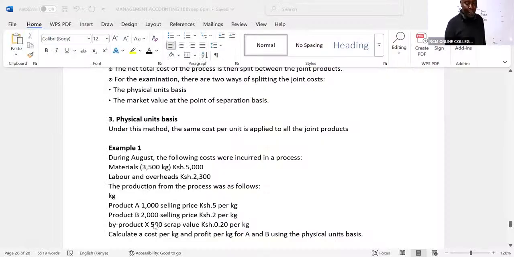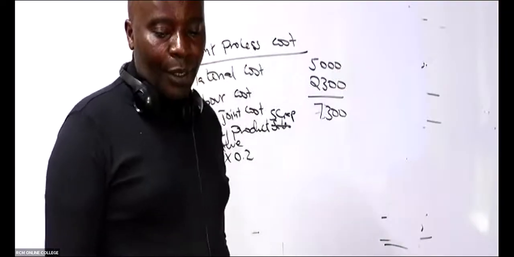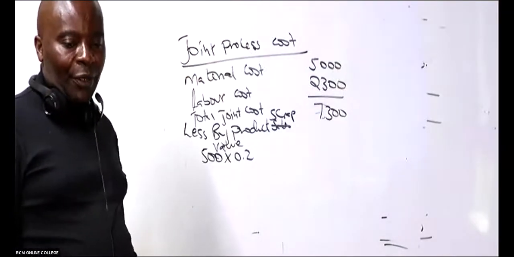You can see, my good students, that the byproduct is 500 units, with a scrap value of 0.2 per kg. Can somebody do this multiplication and give me a figure?